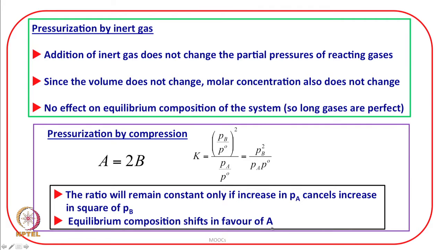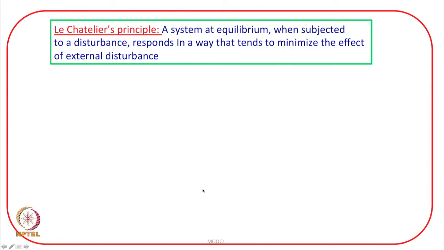So, equilibrium composition shifts in favor of A, and then we generalize this in terms of Le Chatelier's principle, that is, a system at equilibrium when subjected to disturbance responds in a way that tends to minimize the effect of the external disturbance. And we will see throughout the discussion on equilibrium and equilibrium constant how Le Chatelier's principle is obeyed.